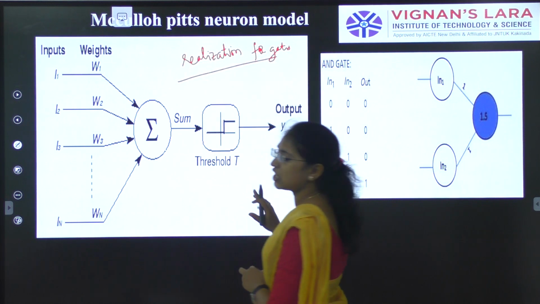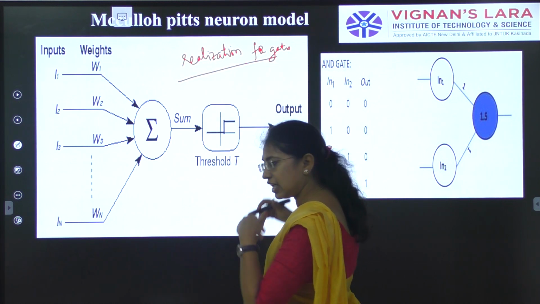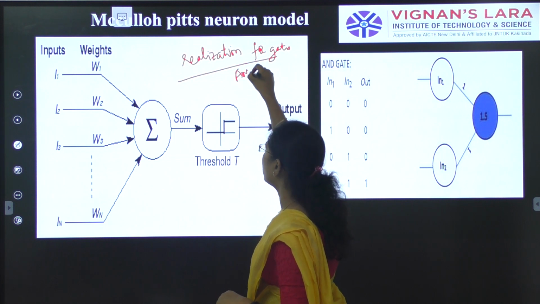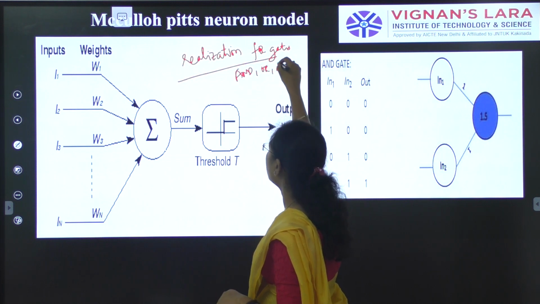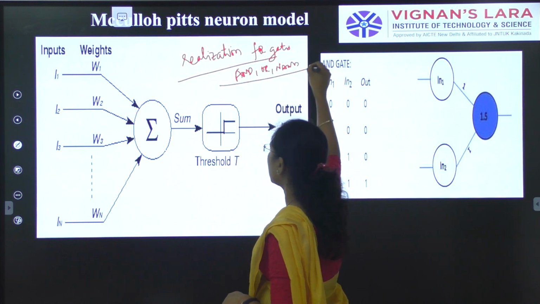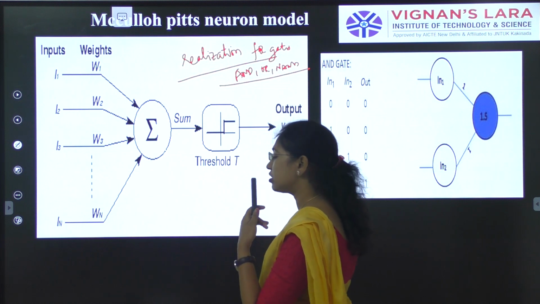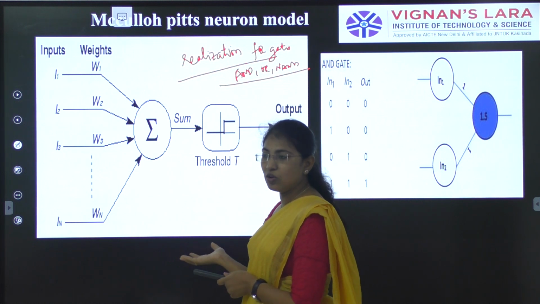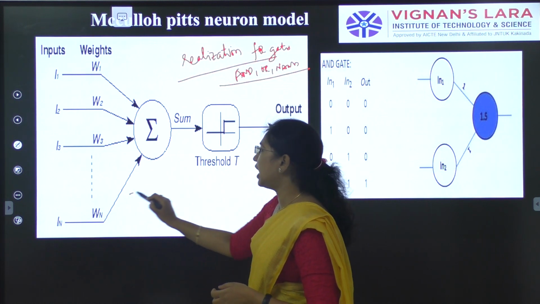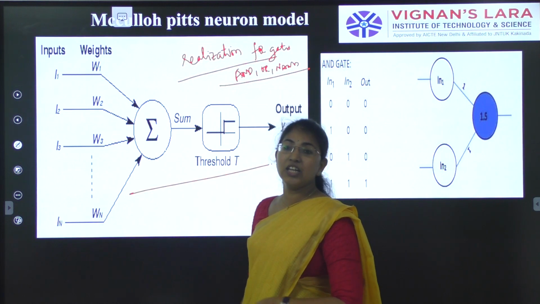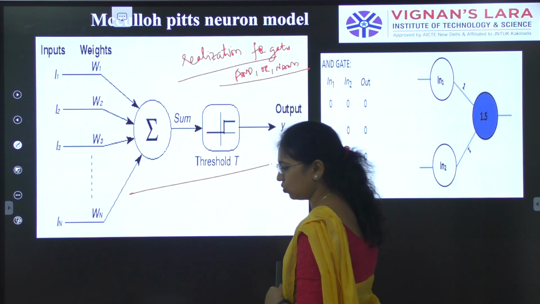By using this neuron model, we can execute different types of logical operations, like AND, OR, NAND. In this way, we can implement many logical operations. We can also design combinational circuits or sequential circuits with the help of this model, which is the application of McCulloch-Pitts neuron model.